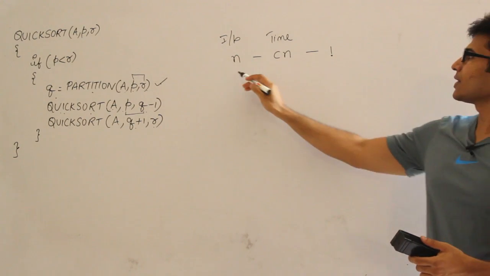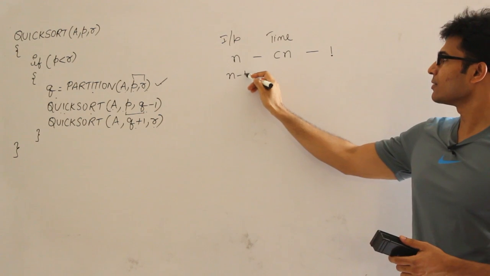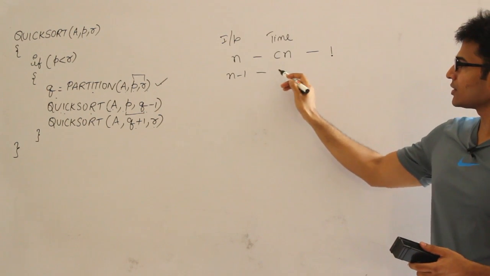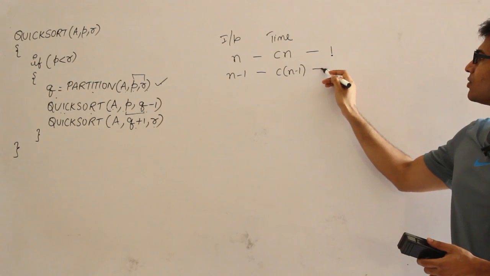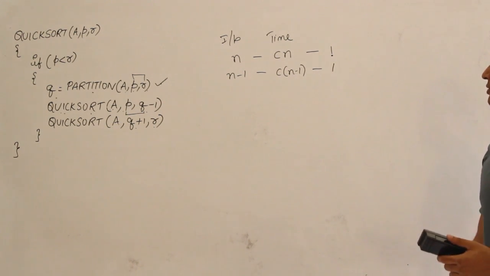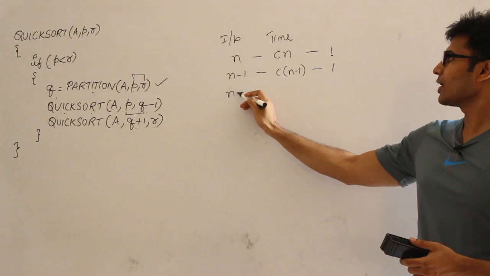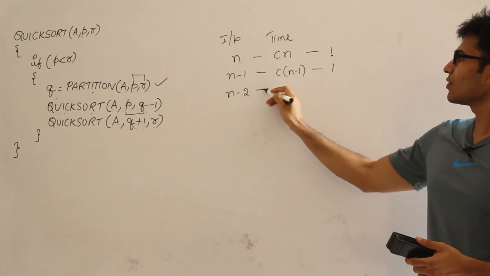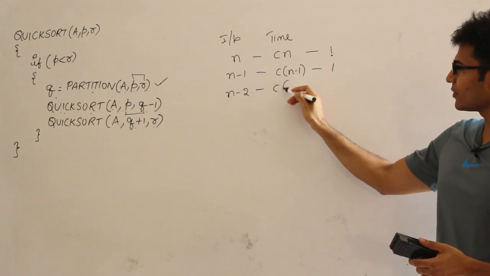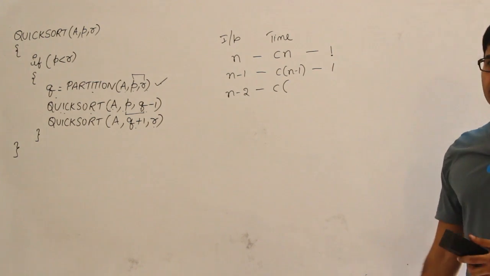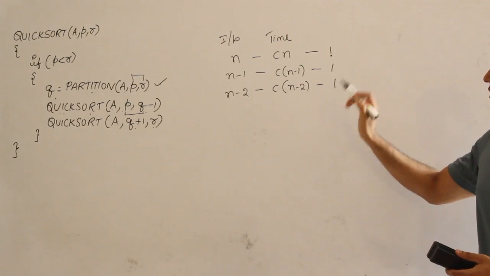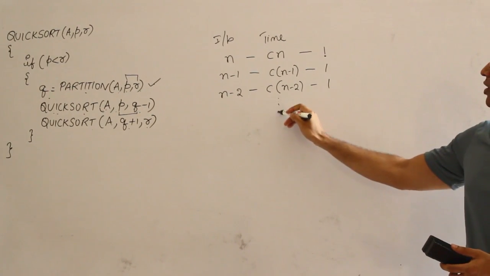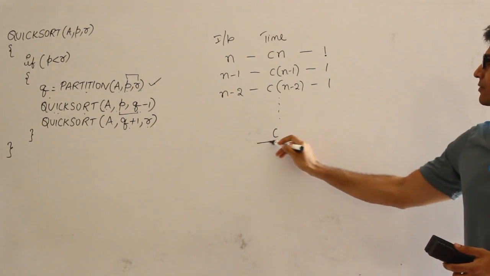Then again for the remaining n minus 1 elements, we call the partitioning algorithm, which takes c into n minus 1 time and puts only one element in its correct position. Then how many elements remain? N minus 2. Then again we call the partitioning algorithm on the complete n minus 2 elements, right? That is why it is getting like this, but only one element is placed each time. So on, finally I get one element, right?